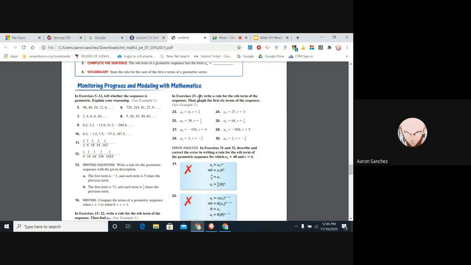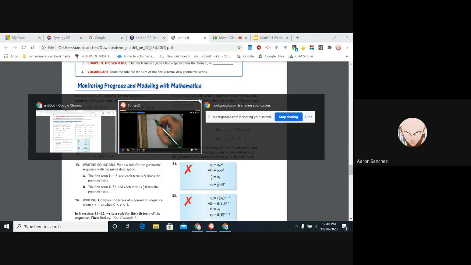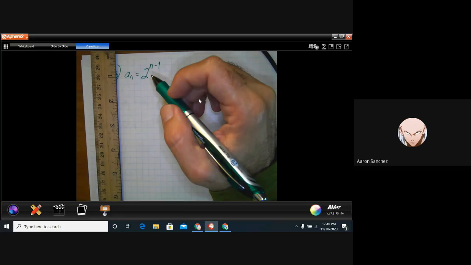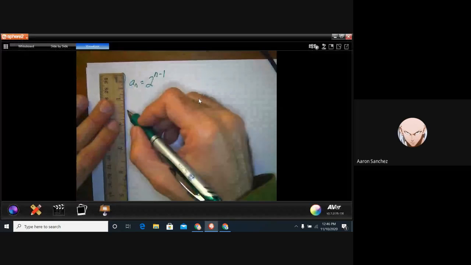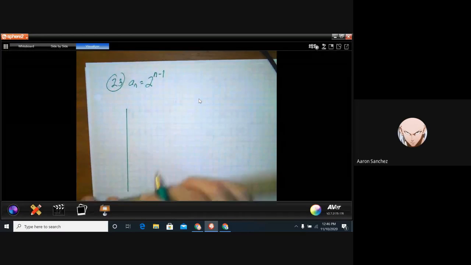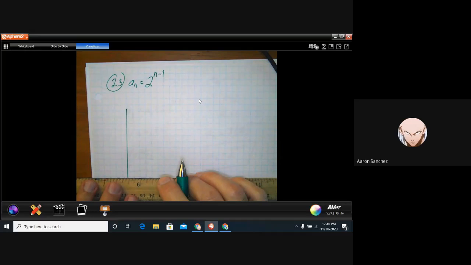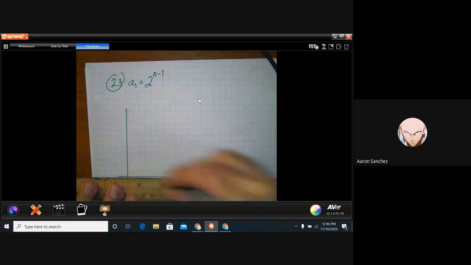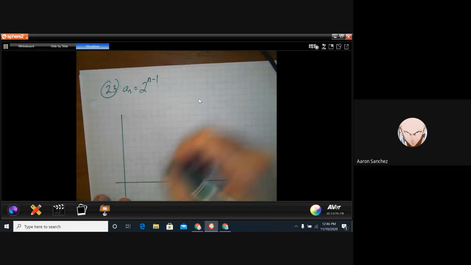23 was a to the n equals 2 to the n minus 1, right? That was our rule. So I got to graph the first 6 terms. Okay, so I'm going to graph these. Now they want the first 6 terms.